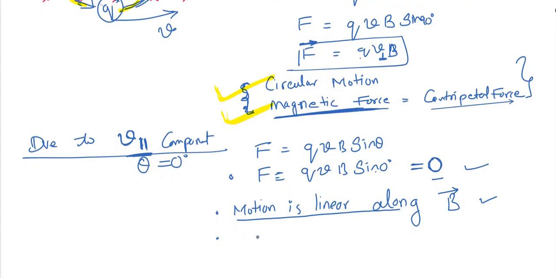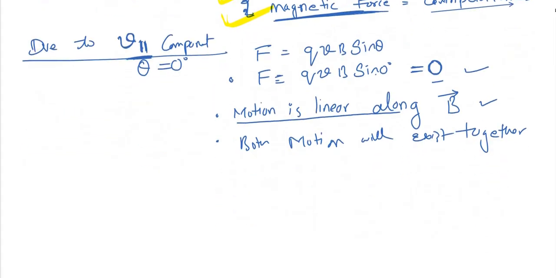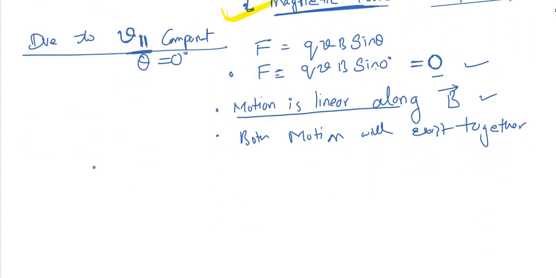The point to be noted is both motions will exist together. Why? Because the speed with which the particle has entered has both components, v parallel and v perpendicular. Now, because both motions are present together, the motion the particle will experience will be something like this.